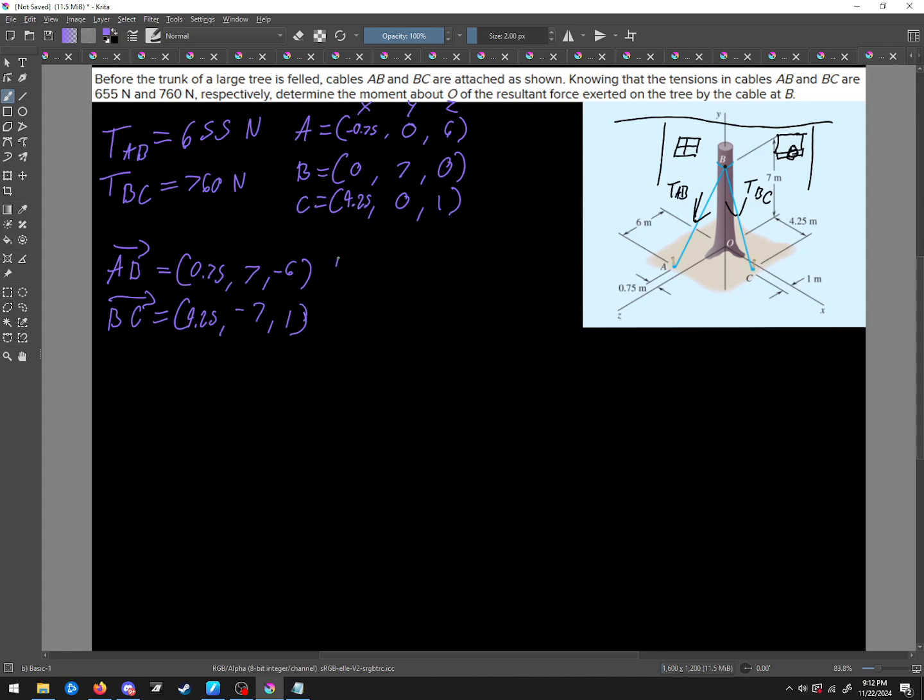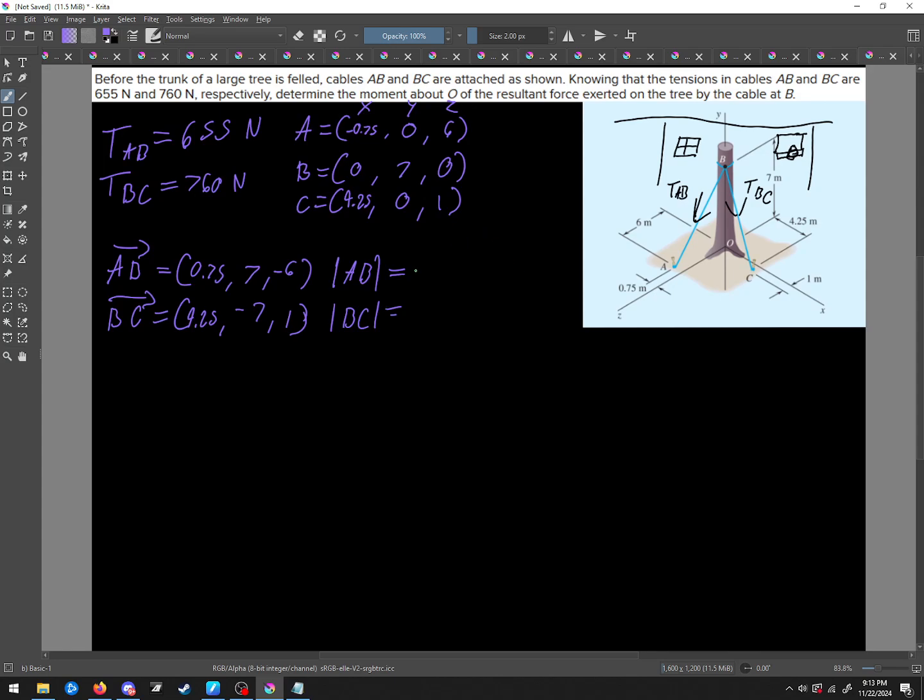Now we're going to have the magnitude of AB and the magnitude of BC. That's going to be the square root of 0.75 squared plus 7 squared plus 6 squared.